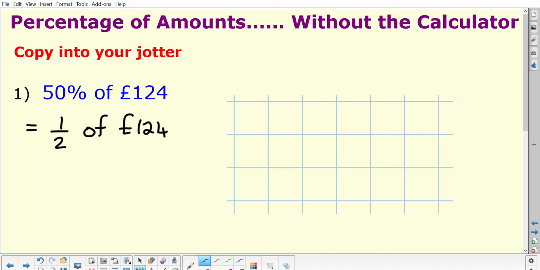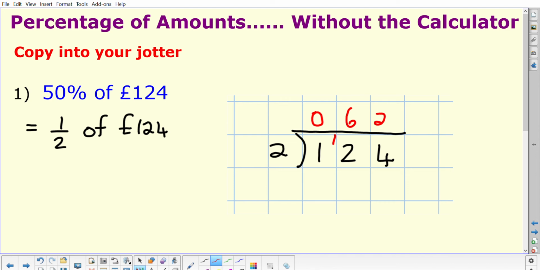So I'm going to half that number, so that means I'm going to do 2 into £124. So 2 into 1 of course doesn't go, carry the 1 over, so 2 into 12, 2 times 6 makes 12, so that means I can make 6 groups there, and then 2 into 4 is of course 2. So what that tells me is a half of £124 will be £62.